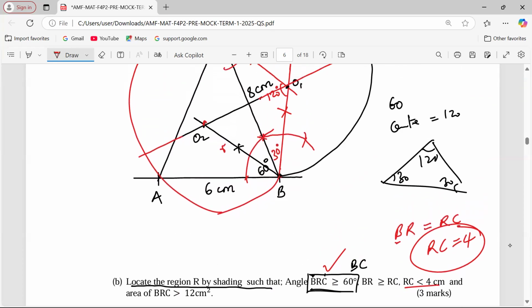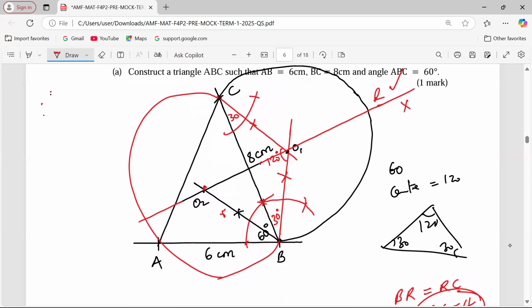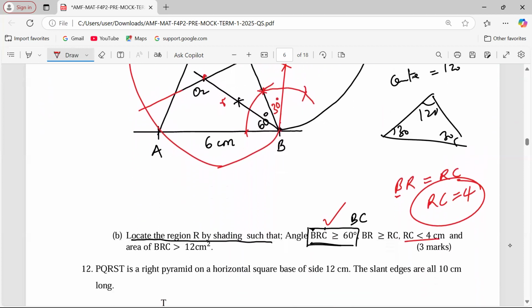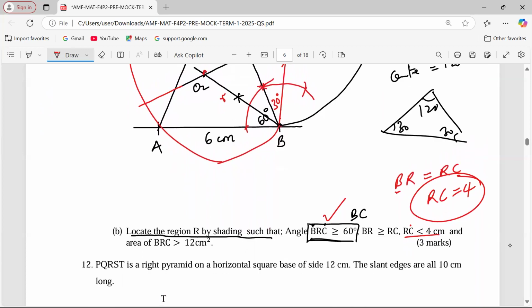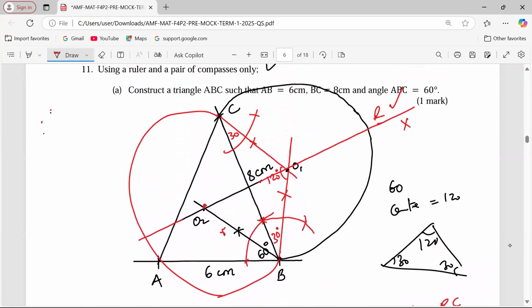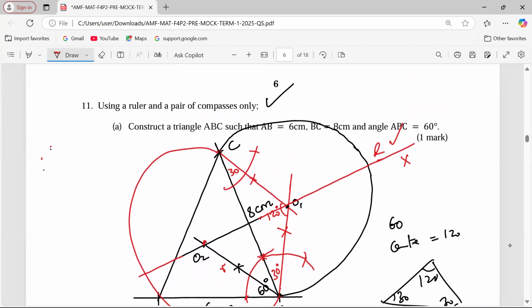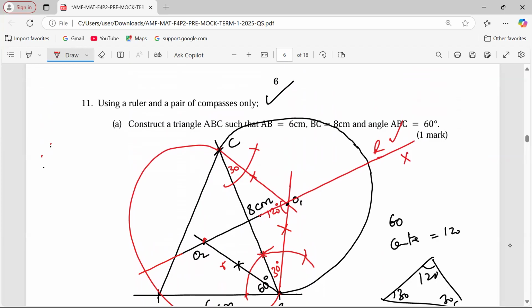We use C as the center to do a circle, which is dotted, and a radius of 4 centimeters.